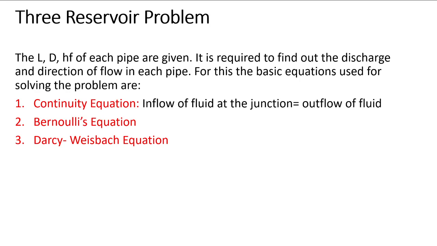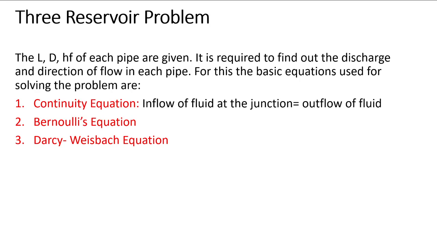So, three reservoir problem. The L, D and HF of each pipe are given. It is required to find out the discharge and direction of flow in each pipe. In three reservoir problem, we have been given the parameters of pipes, and we only have to find the discharge and direction of flow in pipes.